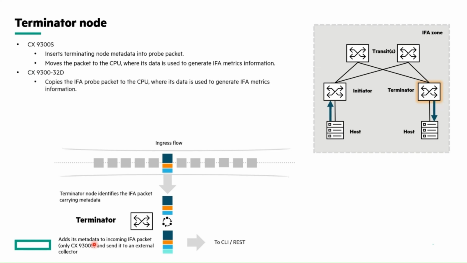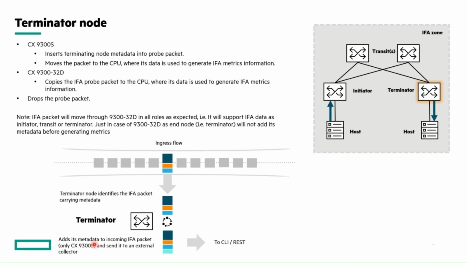In the case of 9332D models, the switch will copy the IFA probe packet to the CPU directly, where the data is used to generate IFA metrics and information. So it should be noted that in the case of 32D models, if configured as terminator, it will not insert its metadata into the probe packet, whereas this is possible, and is done, in 9300S behaving as a terminator. Once this is done, the terminator will drop the probe packet.